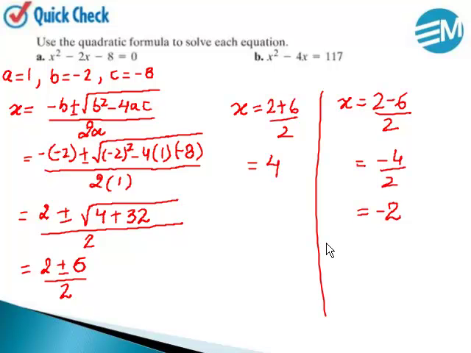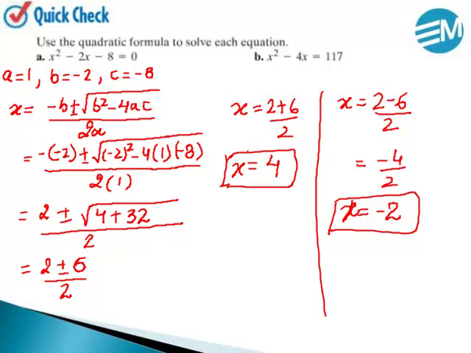That's correct. And we can still check by putting these values, x equal to 4 and x equal to negative 2, in the given equation. If you put in 4, we will get 4 squared minus 2 times 4 minus 8. Let's check.